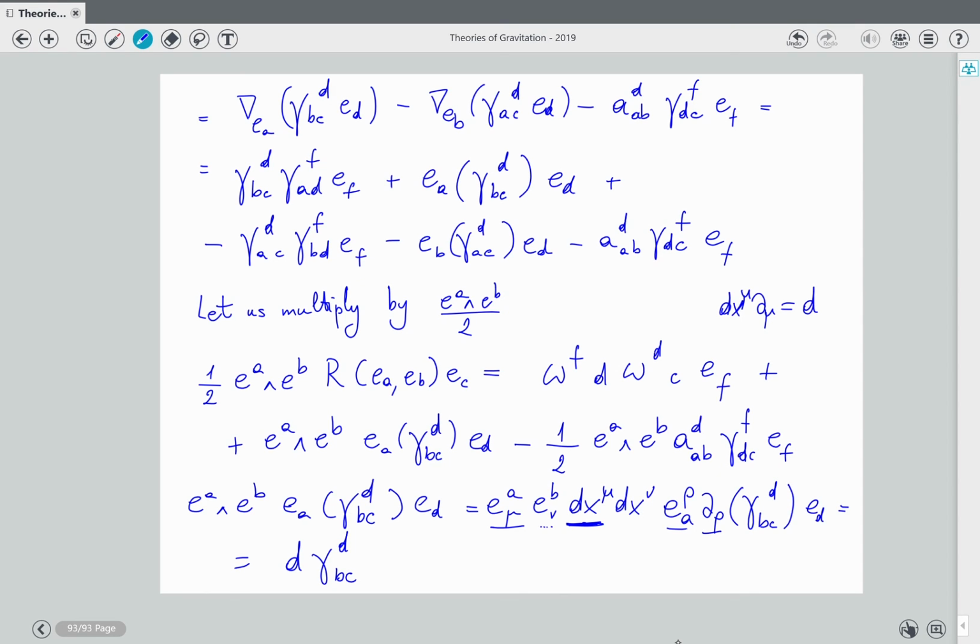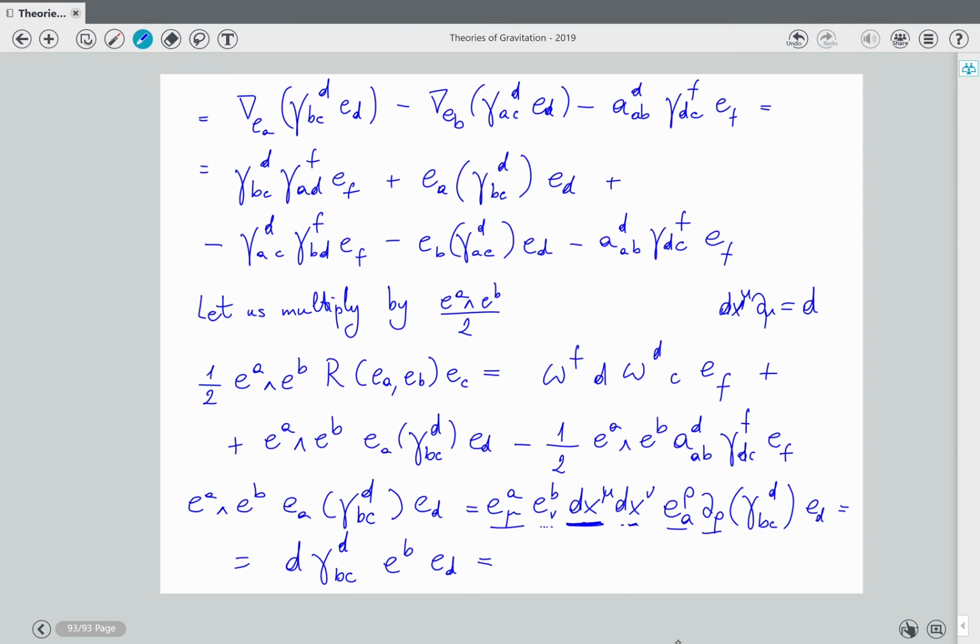Then this thing and this thing, we could have left them there, like that. ED, that's it. Now you see that this object is the spin connection, because B is contracted with B, but only gamma is under the derivative.